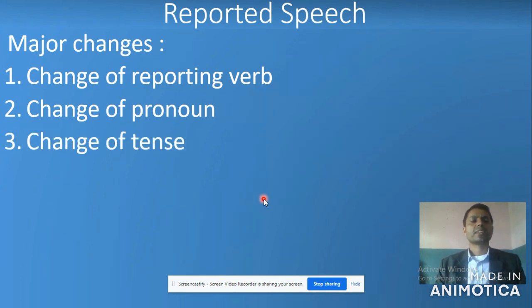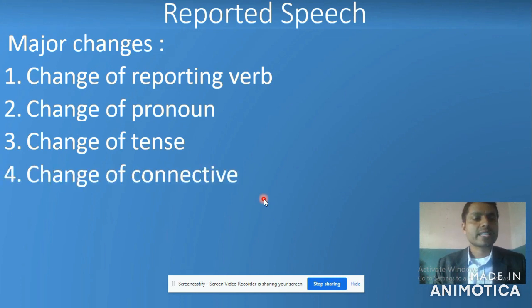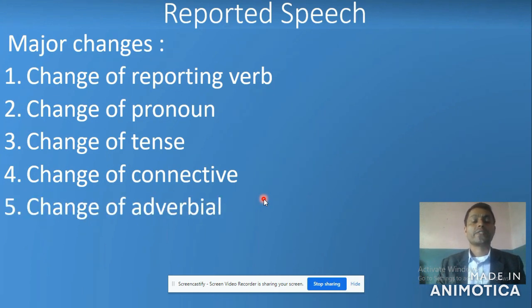Number three, change of tense. Number four, change of connectives, so we use the connective that. Then change of adverbial, so the time adverb we changed before, now we change into then. So these five are the major changes that we have to make while changing from direct to indirect speech.